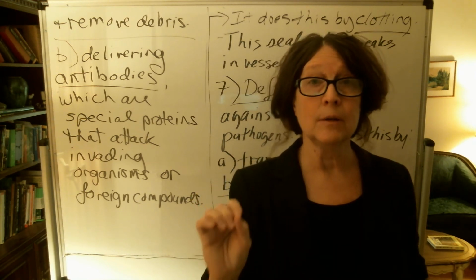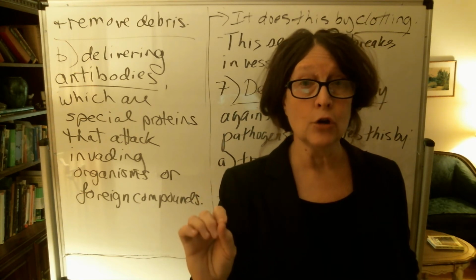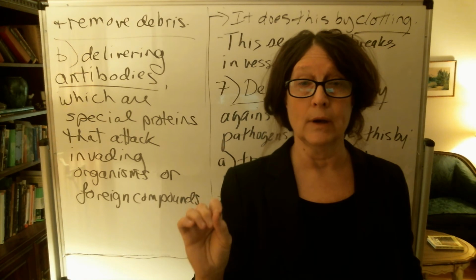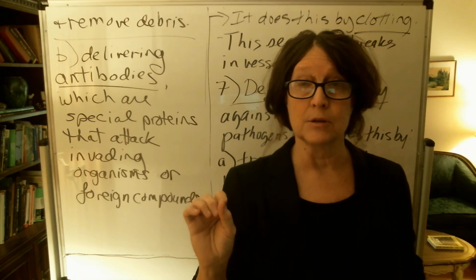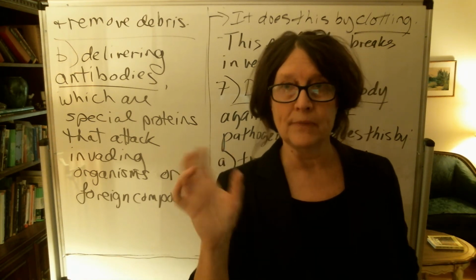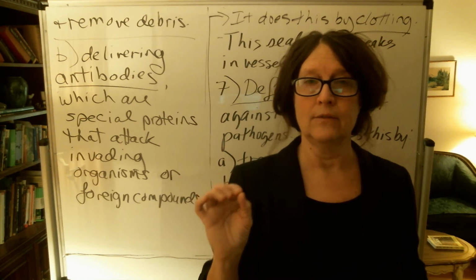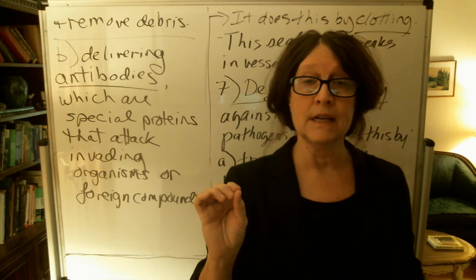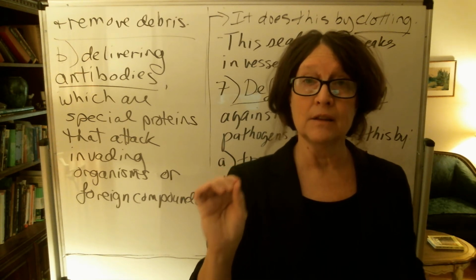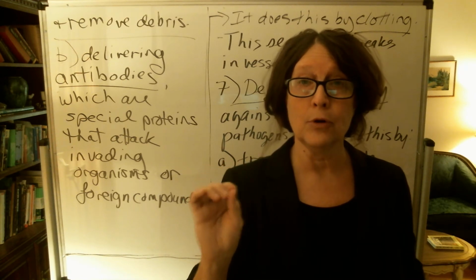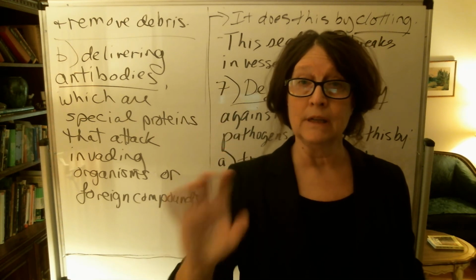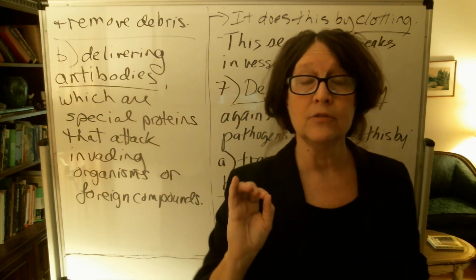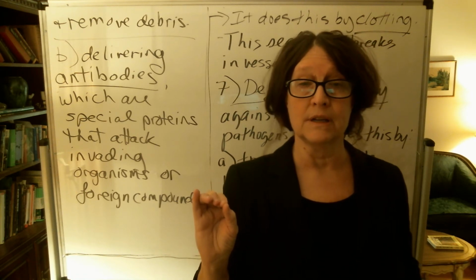Your specific immune system takes longer to get going, but it is very powerful once it gets going. Your specific immune system needs to get to know a given invading microorganism. And once it starts to understand it, then it can make lots and lots of proteins that can be released into the blood that will attack that specific invading microorganism.